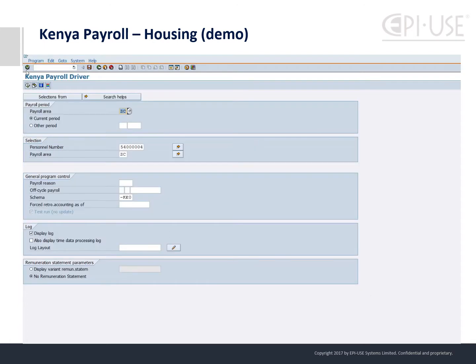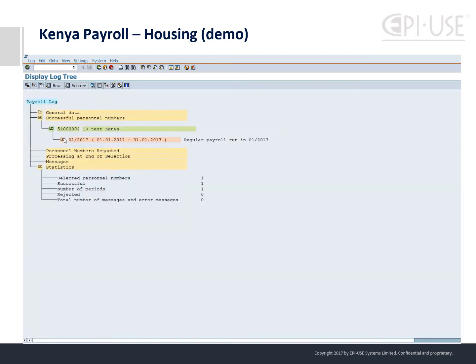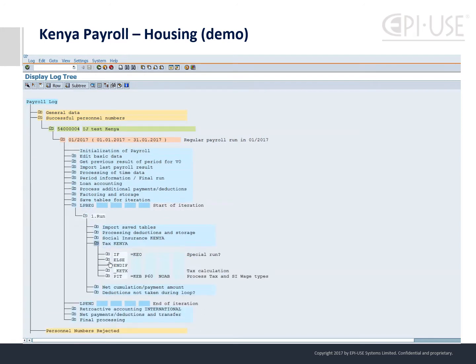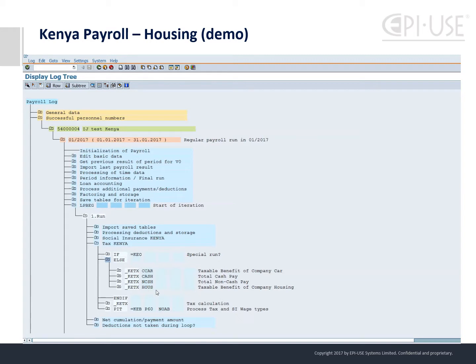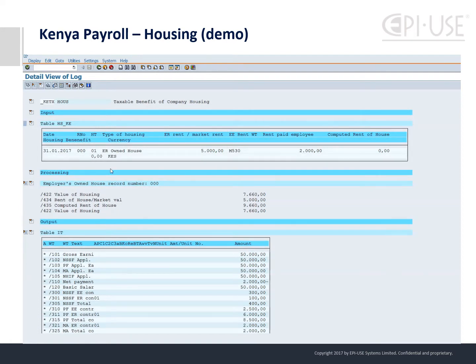If we have a look at the payroll and we want to see how housing is calculated in the payroll, we again go down to the section on tax, and we find this section on taxable benefit of company housing. If we go in here, we can see the input again, the information from the info type.